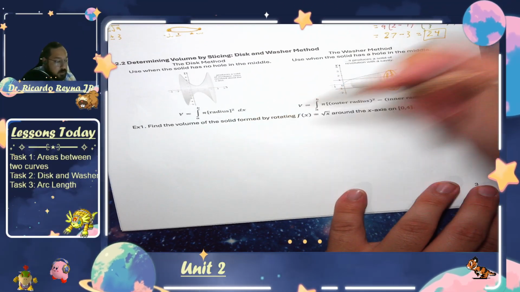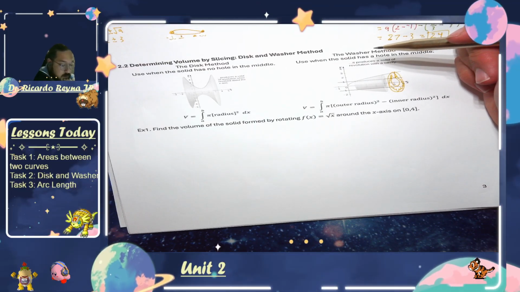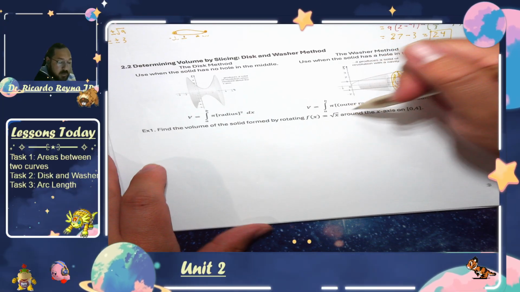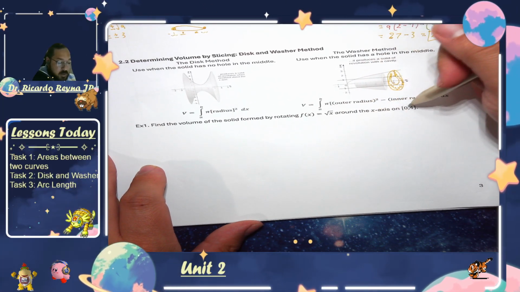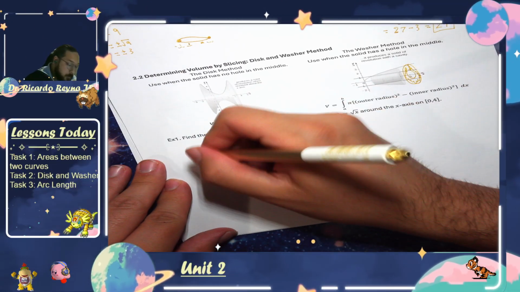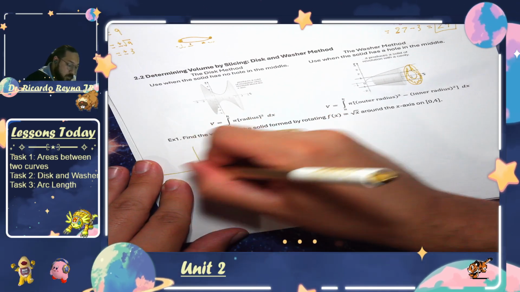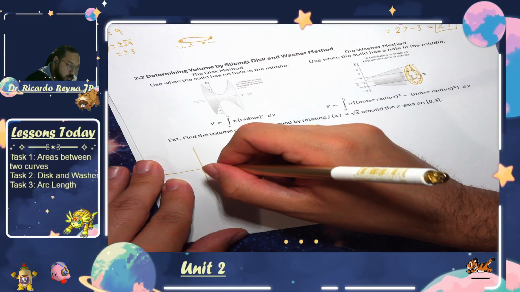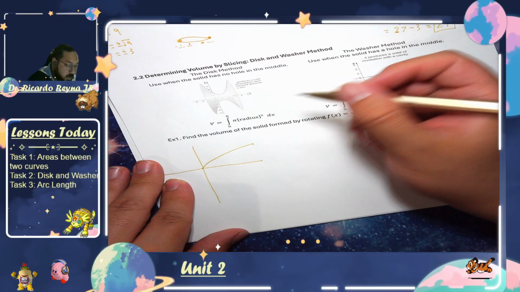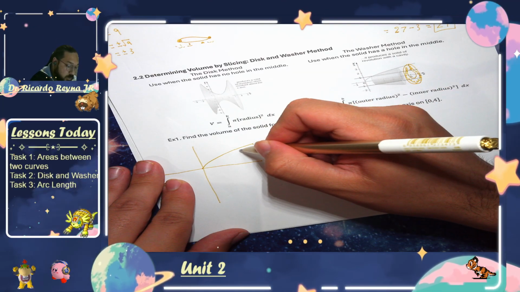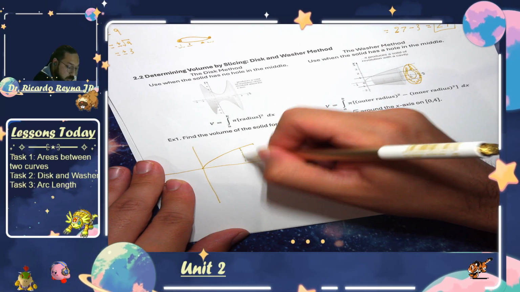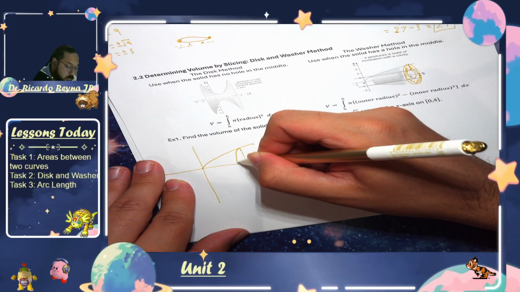So, find the volume of the solid formed by rotating the square root of x around the x-axis on 0 to 4. So that means that if we're doing the square root function that looks like this, we know that if it were to rotate, it would rotate around.